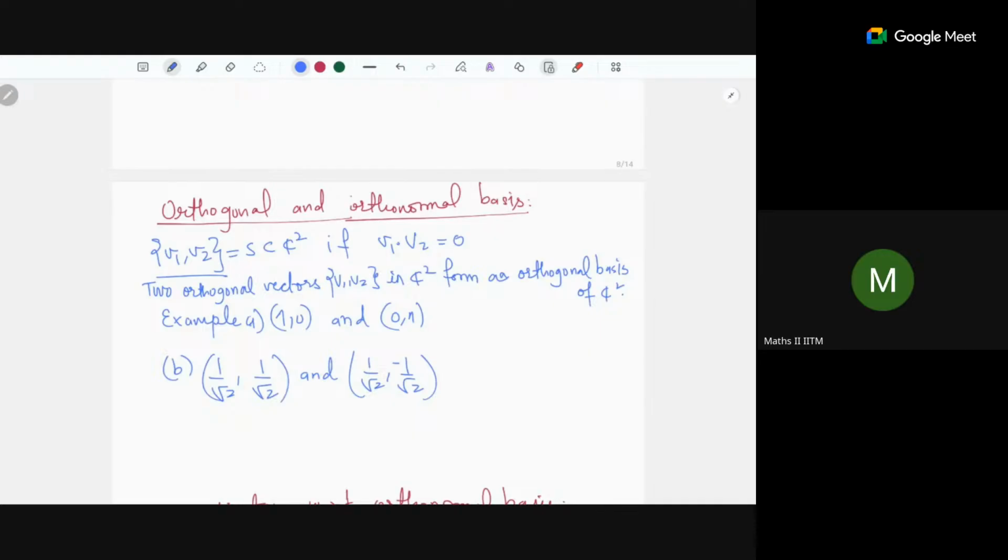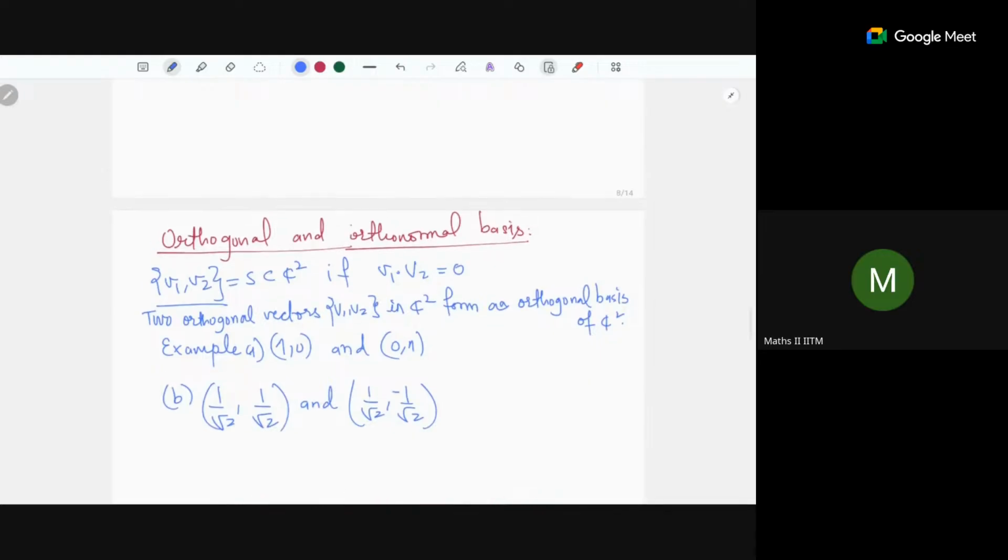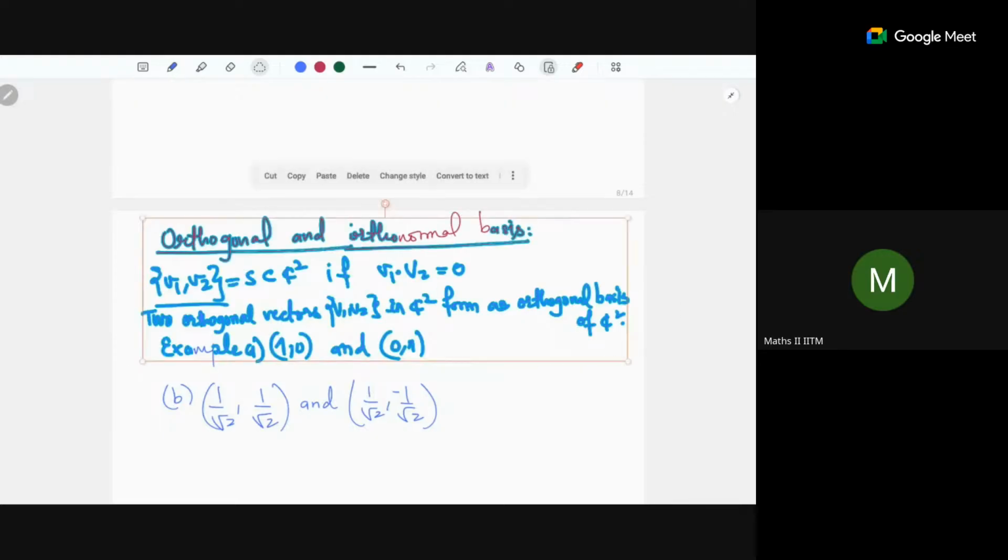This is one example set. Now, what is orthonormal? What does orthonormal mean?